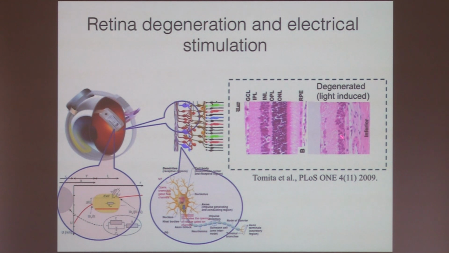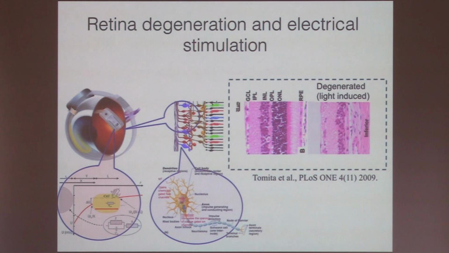And for AMD and other diseases that cause this retina degeneration, it's really the high resolution that is needed. So again, electrical stimulation of nervous cells is pretty easy, but high resolution, under very gentle conditions for the long term, is something entirely different.